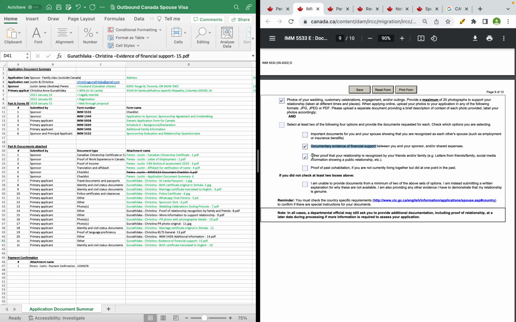In terms of other proof that your relationship is recognized by friends and family, after our wedding there were pictures posted on social media, as well as pictures shared through WhatsApp and Facebook Messenger with family and friends who couldn't make it.